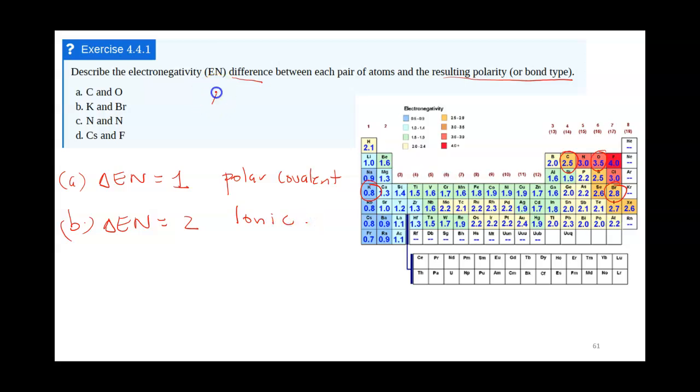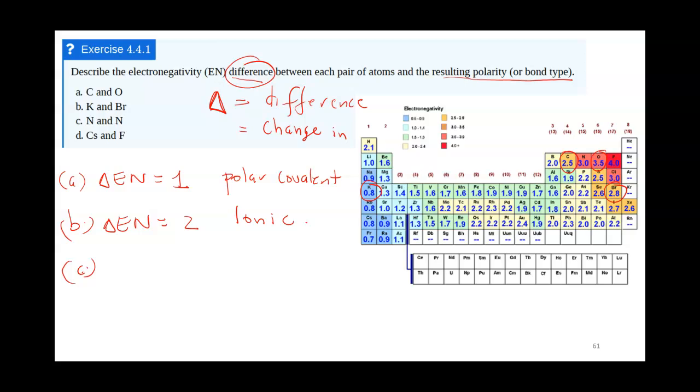I should point out that delta, the Greek letter delta, equals difference. It's just a shorthand way for writing the word difference. Some people will also use this to mean the change.